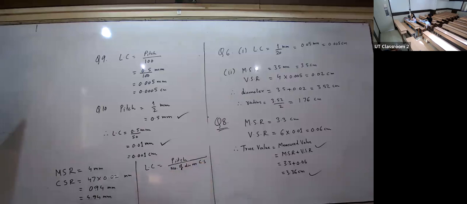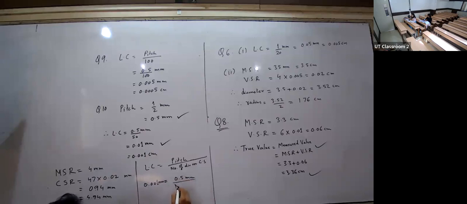So just substitute. The least count given is 0.001 millimeter. Okay. Correct up to 0.001 millimeter. That means it is the least count, the smallest. Pitch given is 0.5.